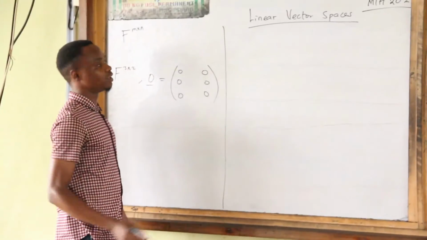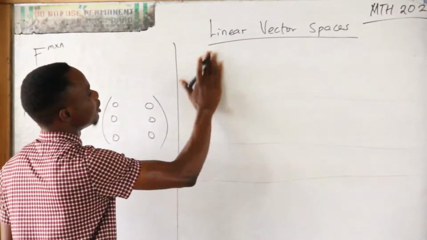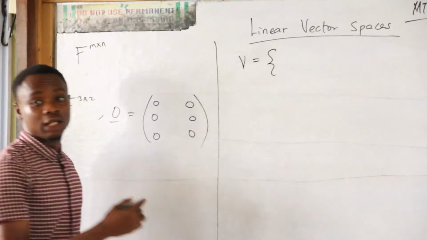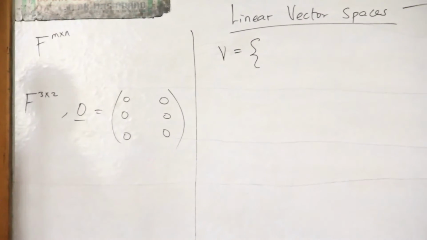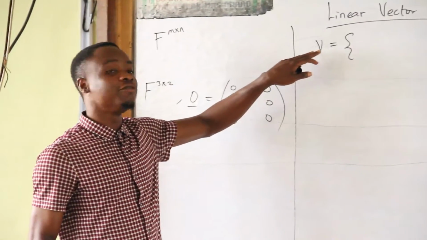So look at it now. For instance, if I define some function f, please pay attention. If I define some linear vector space p to be equal to, you know how to define sets normally from MTH 101. Yes. So this is a vector space.